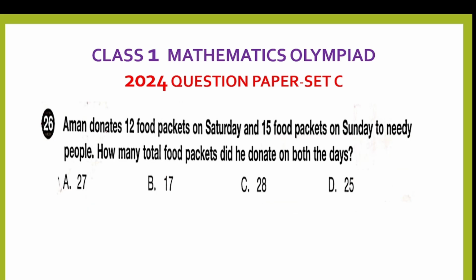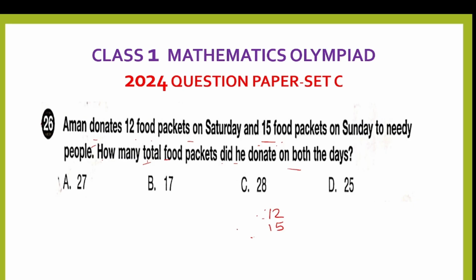Next question. Aman donates 12 food packets on Saturday and 15 food packets on Sunday to needy people. How many total food packets did he donate on both days? We have to find the number of packets Aman donated on Saturday, that is 12, and 15 food packets on Sunday.